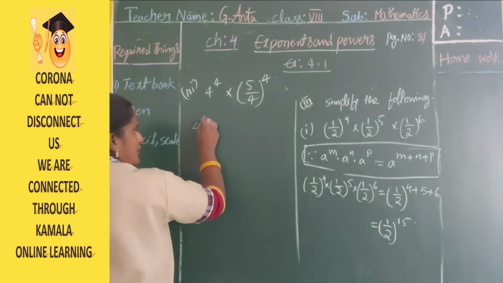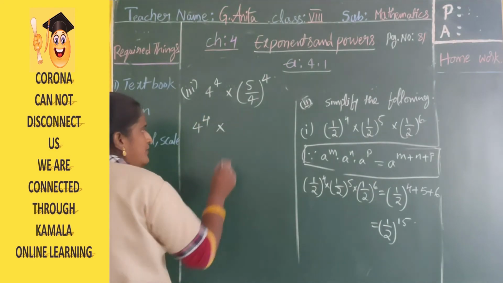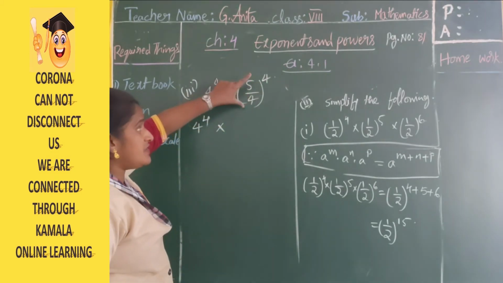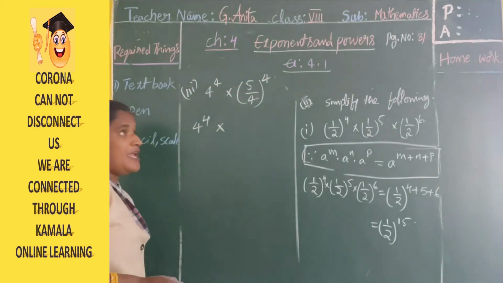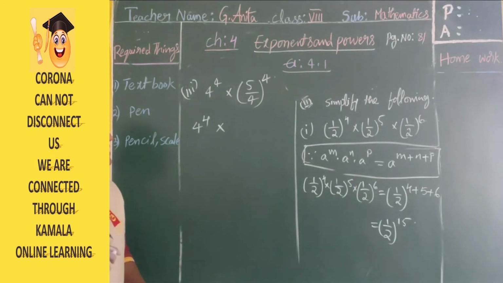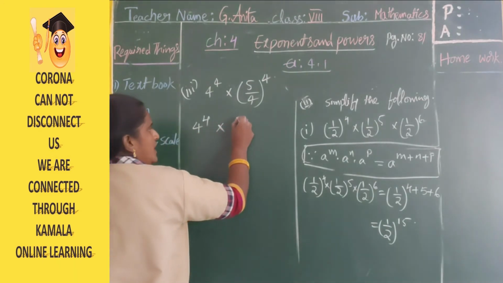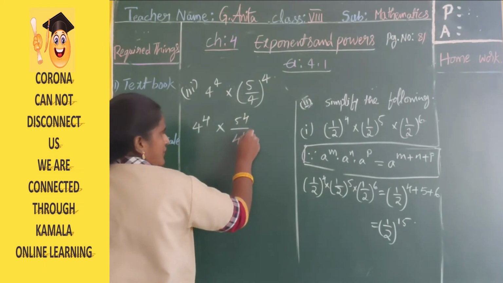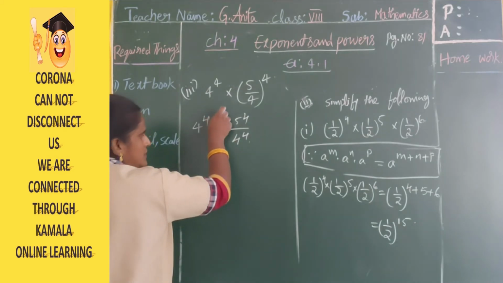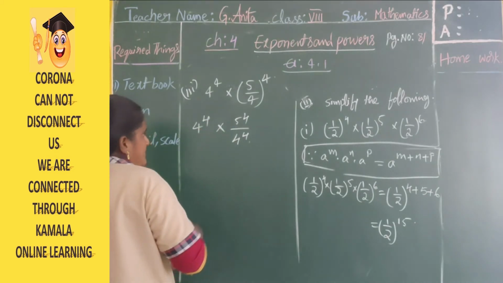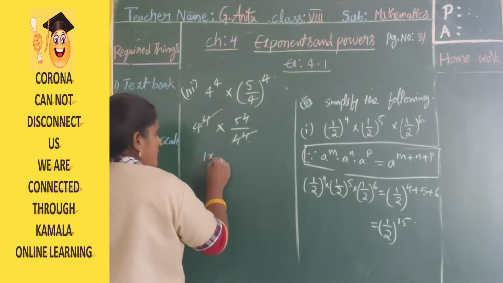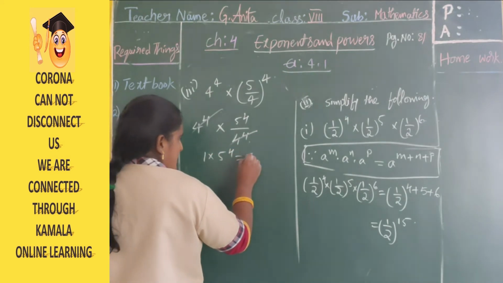So 4^4, keep like that only, into, here power is same, we are applying which formula? (a/b)^m is equal to a^m by b^m. So 5^4 by 4^4. Here 4^4, here 4^4 is there, so they both will get cancelled. So here 1 into 5^4. Our answer is 5^4.